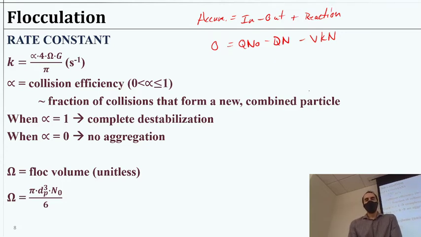So going back to K, we need to find K. Well, we have an equation, and it's going to relate to this term, which is collision efficiency. Collision efficiency is essentially some metric of how destabilized they are. Are they going to form a new particle every time 2 particles meet, or only half the time? So this collision efficiency is a factor that goes from 0 to 1. At 0, they are completely stable particles. They're never going to form a new particle.